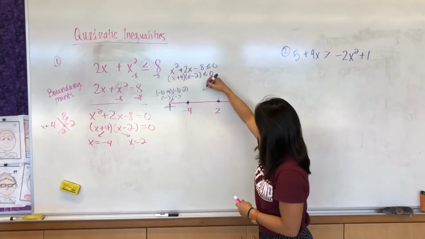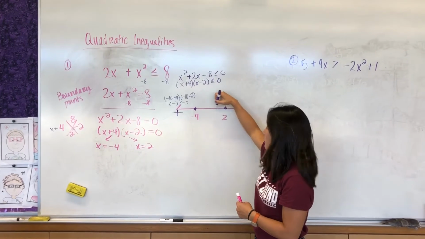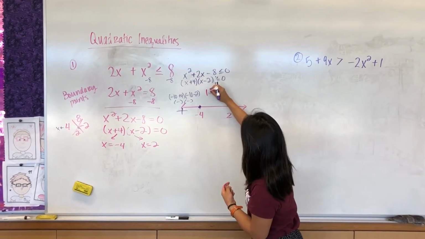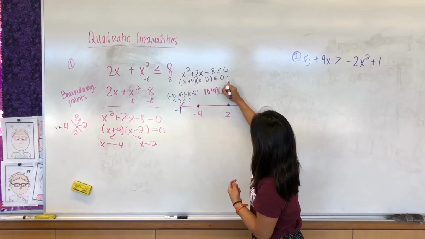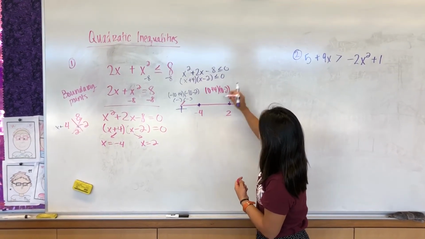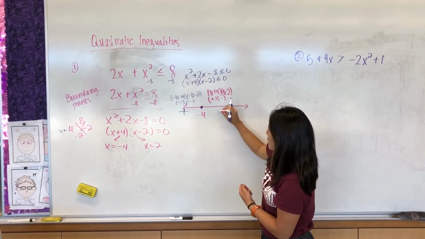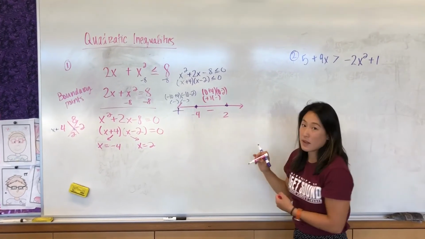Okay? Here, what's a value that's in between negative 4 and 2? Oh, my favorite one, 0. So 0 plus 4 times 0 minus 2. Okay, 0 plus 4, that's a positive number, times a negative number, gives me a negative number. Okay?